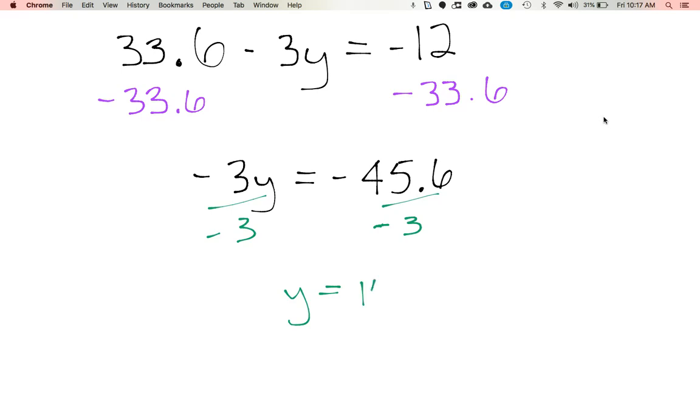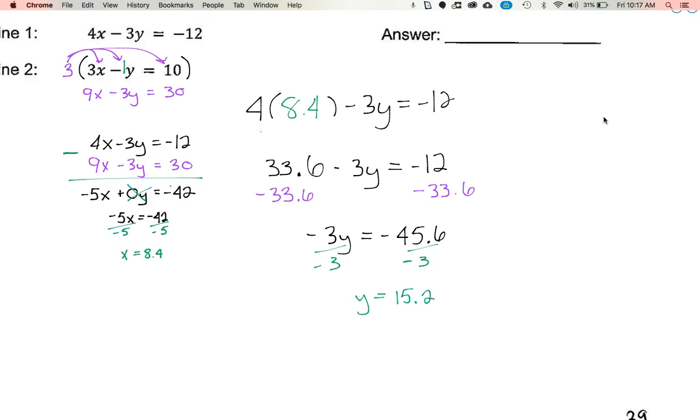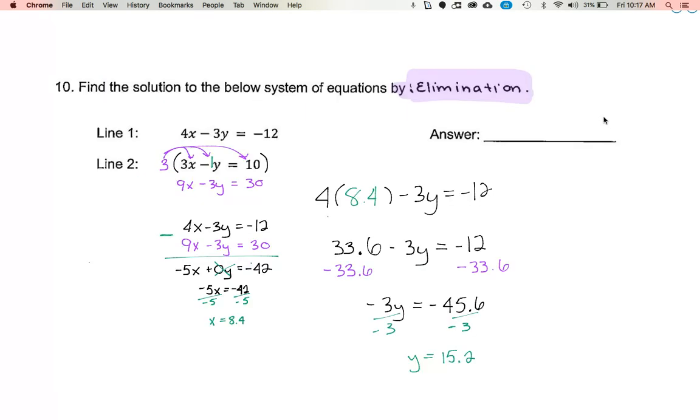And we get 15.2. So our solution is 8.4 and 15.2.